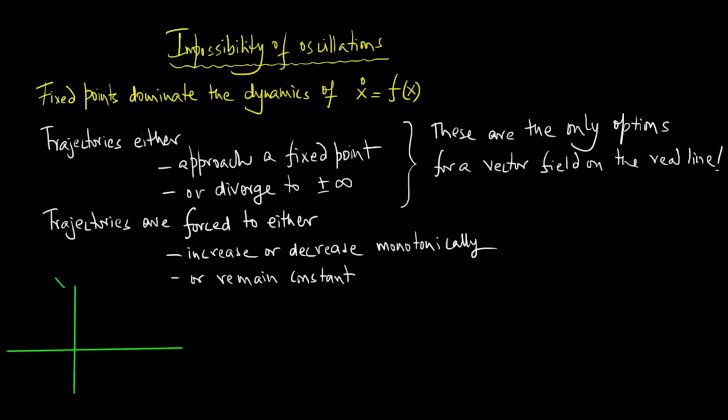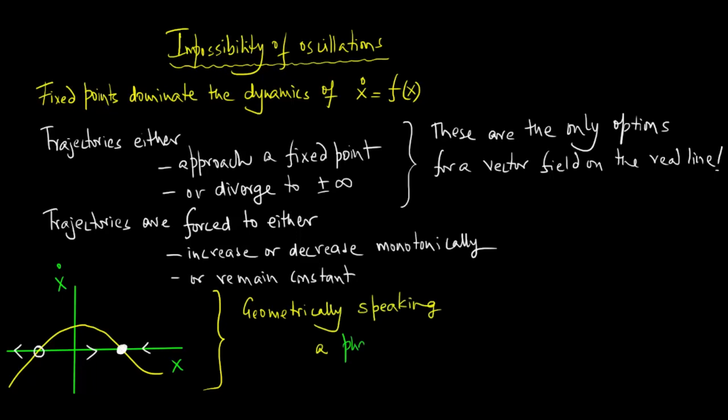So geometrically speaking, if we plot x dot versus x, that's an arbitrary function f of x, and we can identify the stable and the unstable fixed points. So geometrically speaking, a phase point actually never reverses direction, and this is one key point to note. Here are some notes.